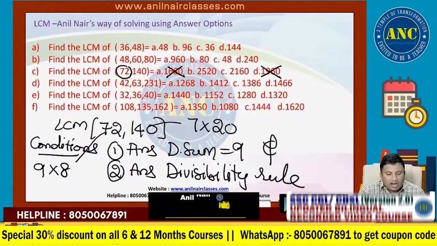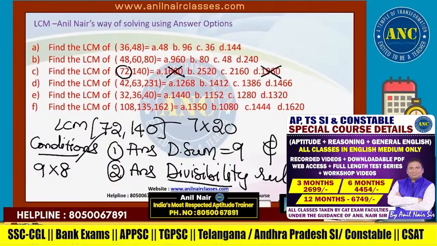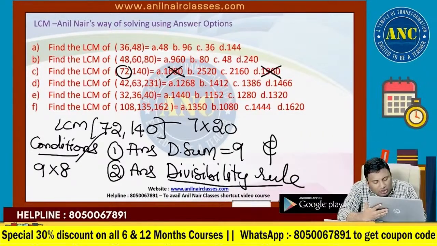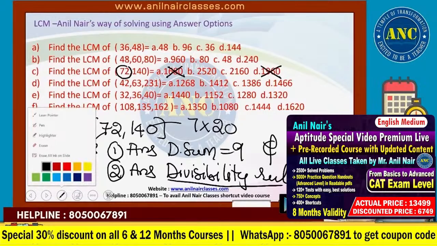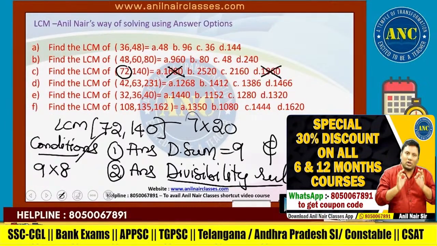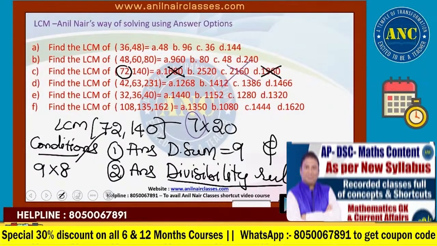Take the second concept. Divisibility rule should be satisfied. So the answer should be divisible by 7. 2160 is not divisible by 7.